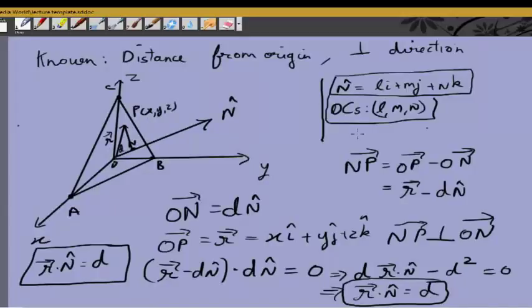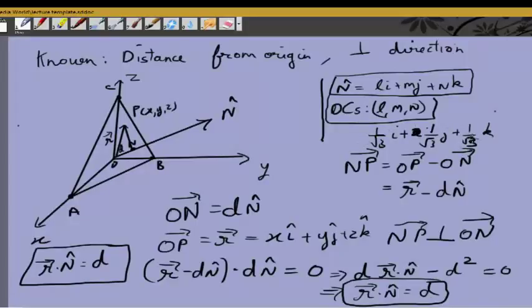Let's say n cap was given to us to be, I'm thinking of three things which will sum up to be 1. So let's say 1 by root 3 i cap plus, just let's take 1 by root 3 j cap plus 1 by root 3 k cap. These can be direction cosines because l square plus m square plus n square is 1.